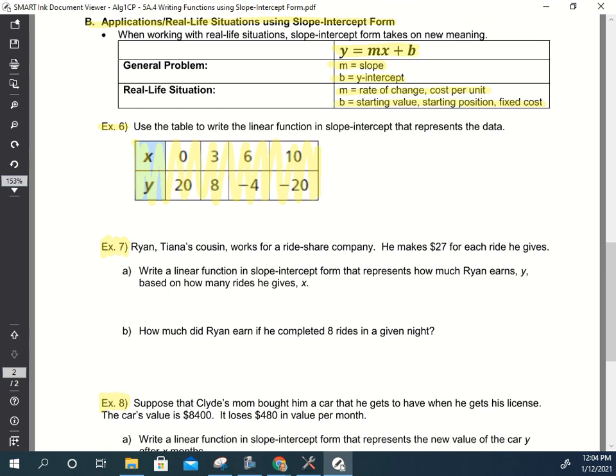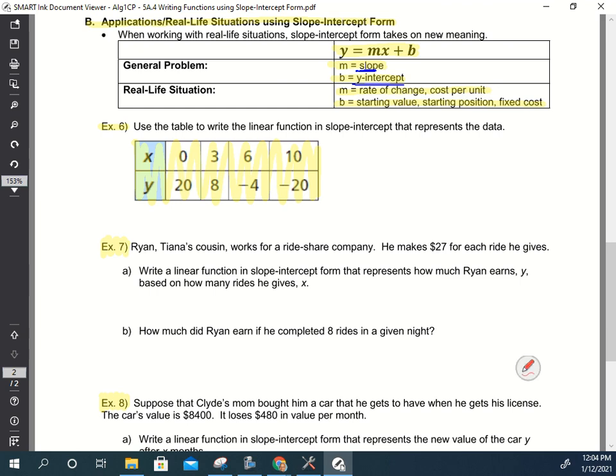So now let's actually do this in some real life situations. As you can see in these examples, I brought Tiana and Clyde into the problem. When you are working with a real life situation, we don't call it slope and y-intercept.